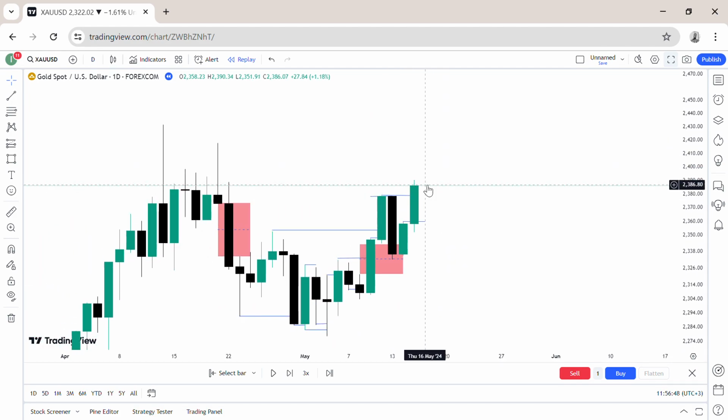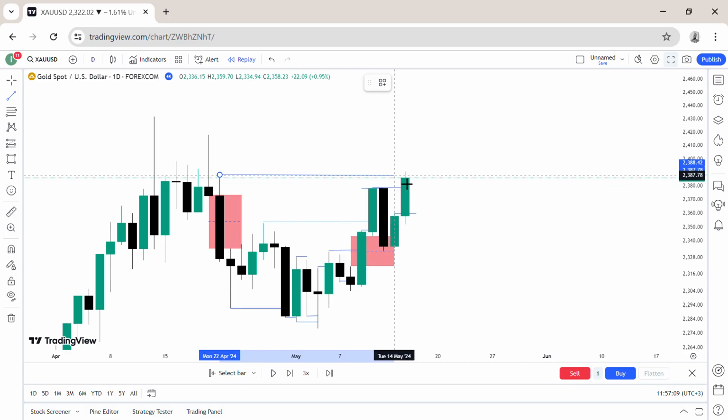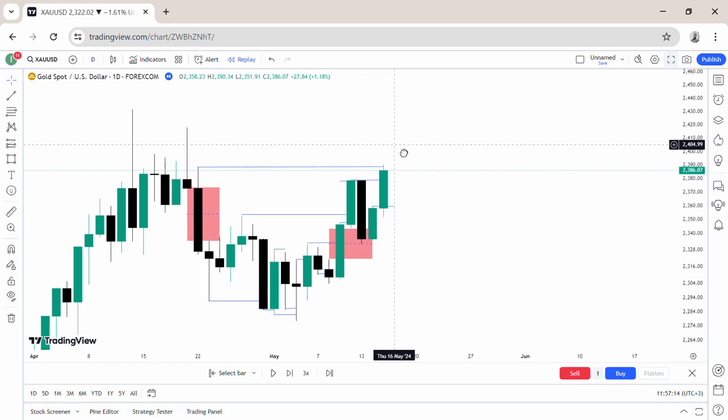So now that we are here, this candle closed above the previous day's candle, closed above these highs. And if you can see clearly, there is this high right here. The price tapped into that high and closed back in. However, it closed above this high.